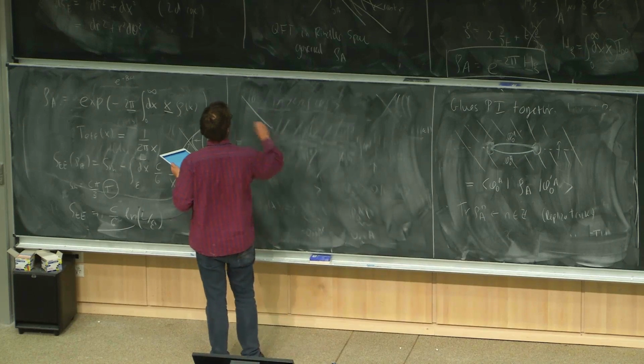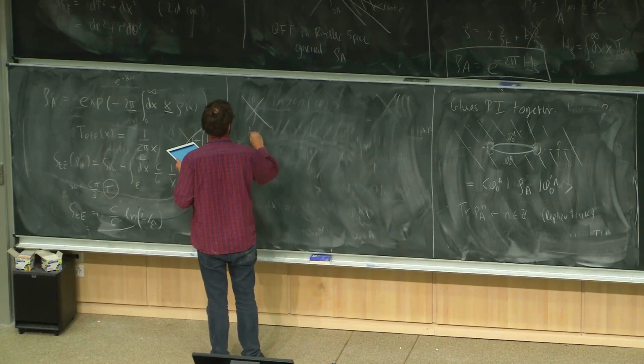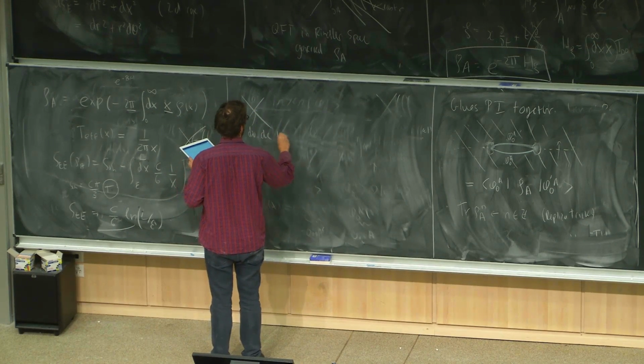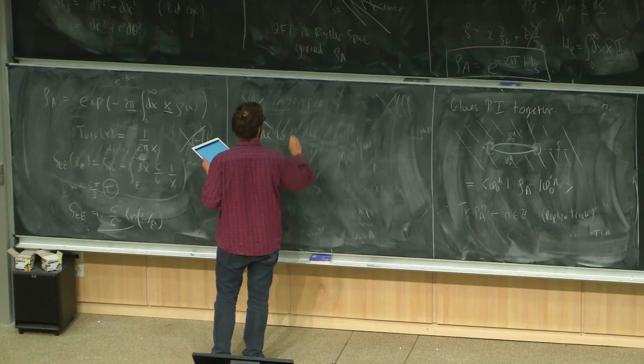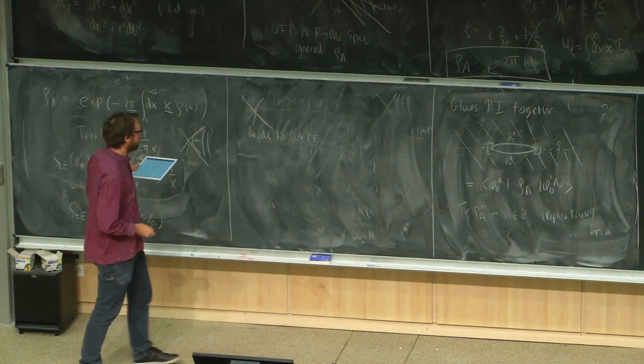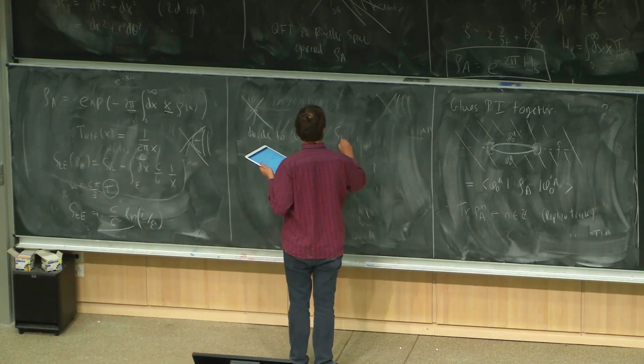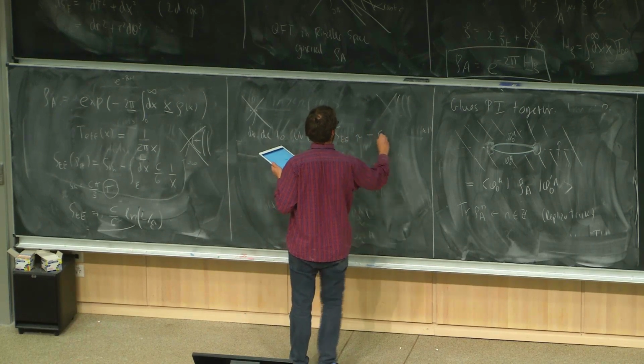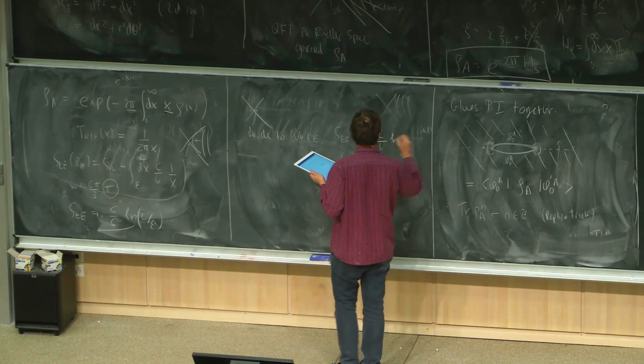There's some divergence due to UV entanglement. Right, so this is entanglement between here and here, very short distance entanglement. And it gives a contribution to S_EE which goes like minus c over 6 log epsilon.